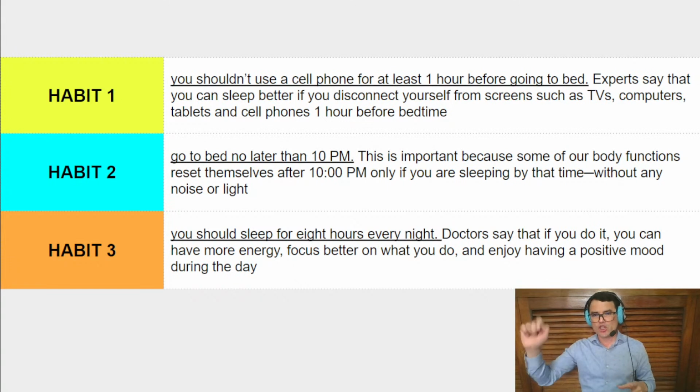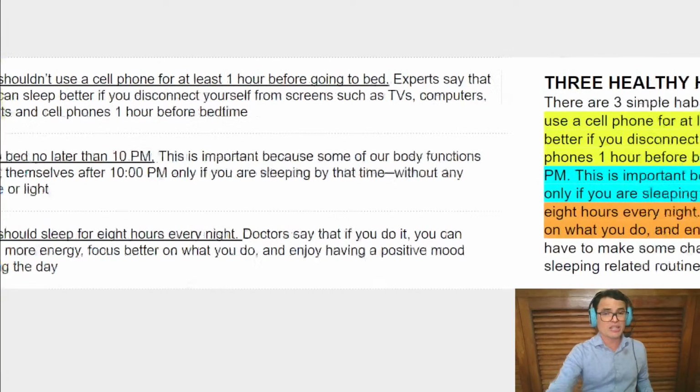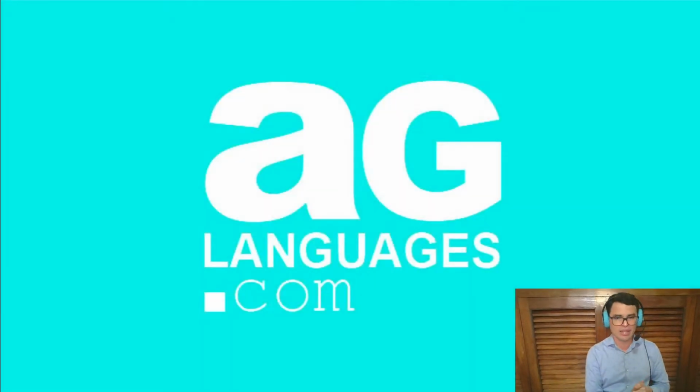No, when you take notes, you can mention the habit and then you develop it. Then you mention the second habit and you develop it. Then you mention the third habit and you develop it. If you organize your ideas like that while working on your graphic organizer, you will be able to write a paragraph like this with 158 words to talk about 3 healthy habits using should, have to, and stuff like that.